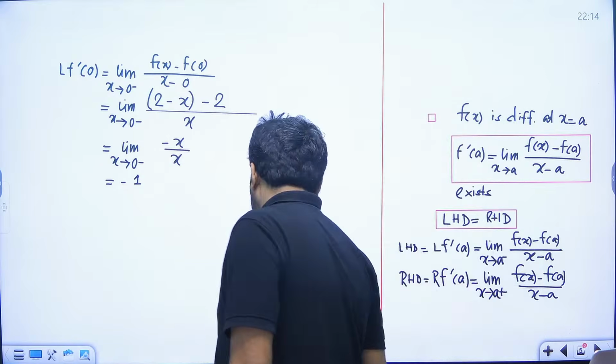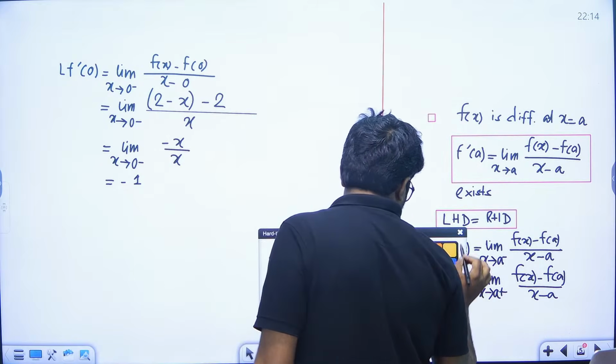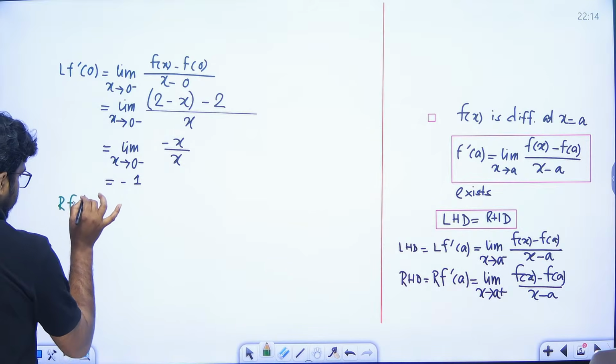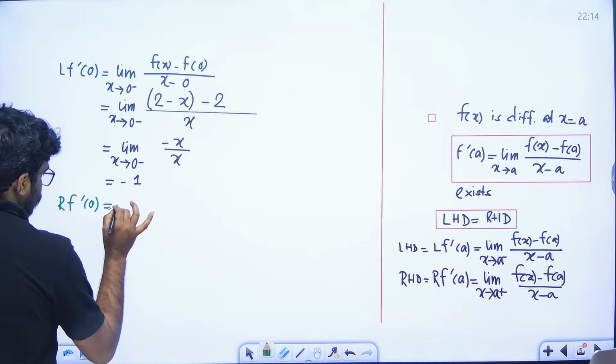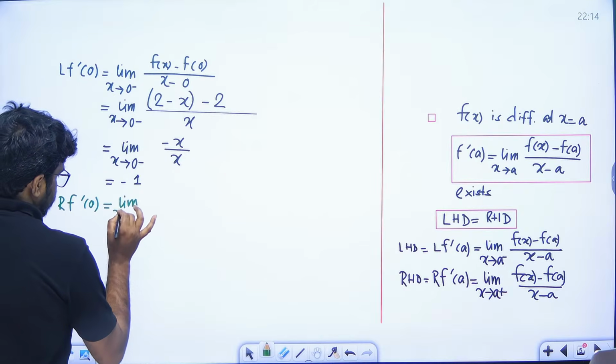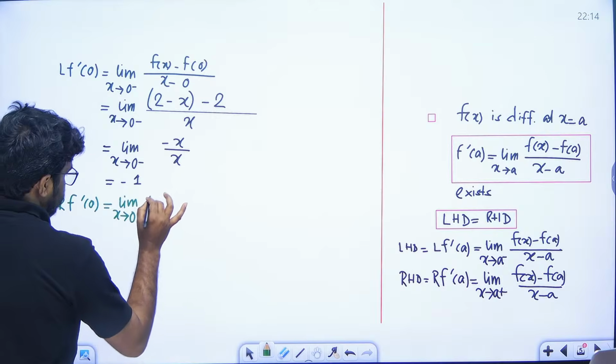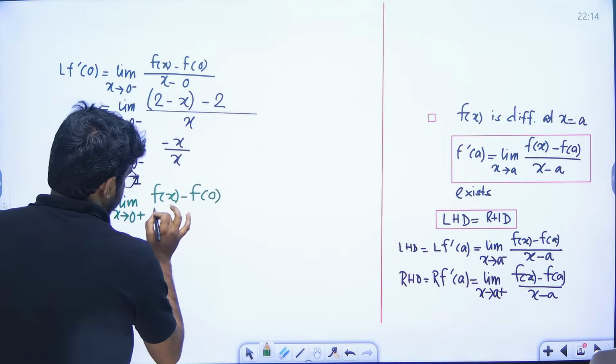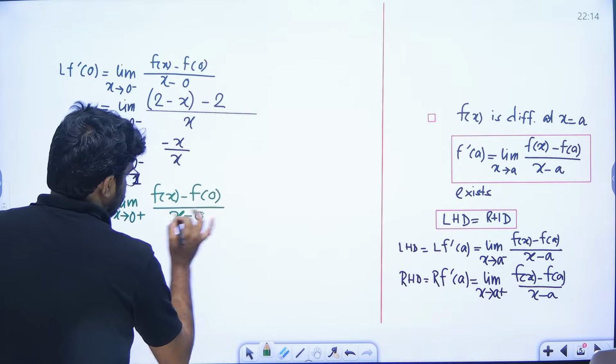Now we have to calculate the right hand derivative, that is Rf'(0). This equals the limit as x tends to 0 plus of f(x) minus f(0) divided by x minus 0, right?